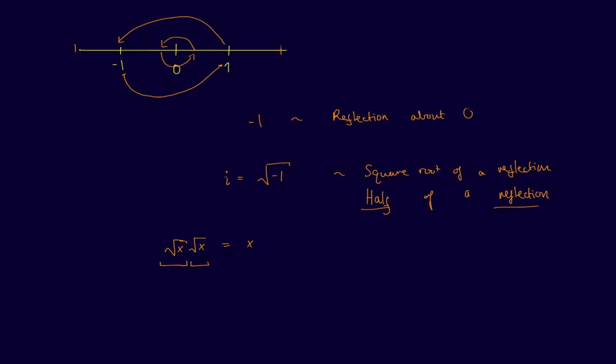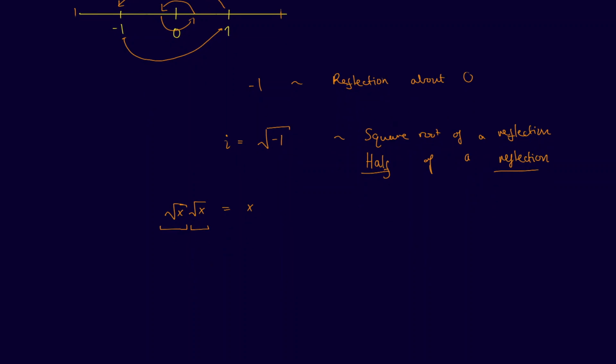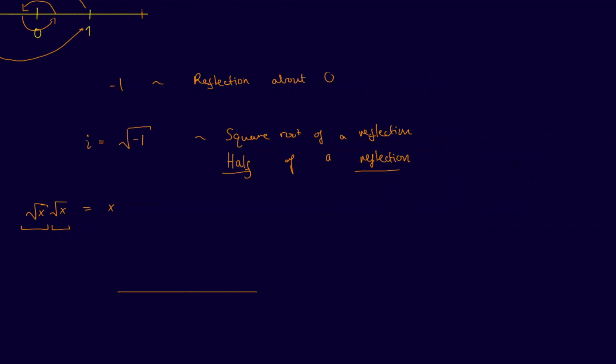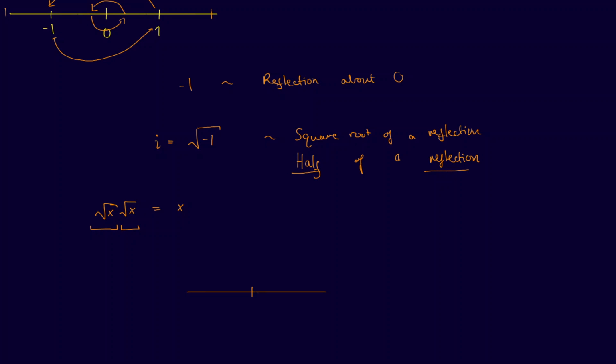So now we have to think about, again, here's the real number line, and we want to do something to that real number line, some kind of transformation, which if we do that transformation twice, results in a reflection about 0.